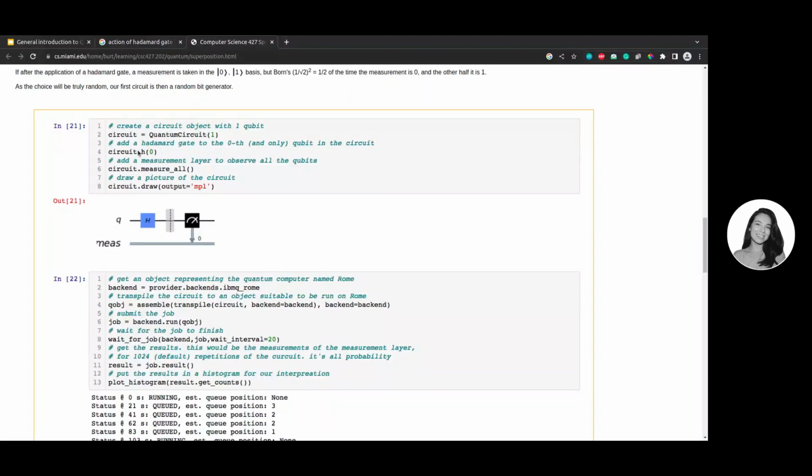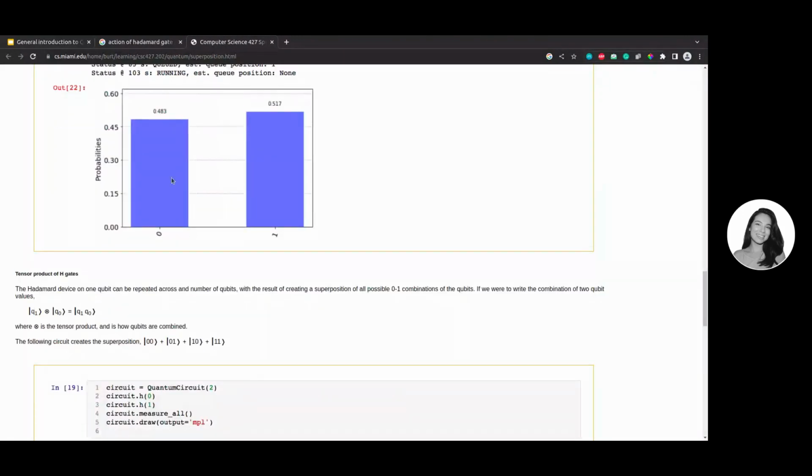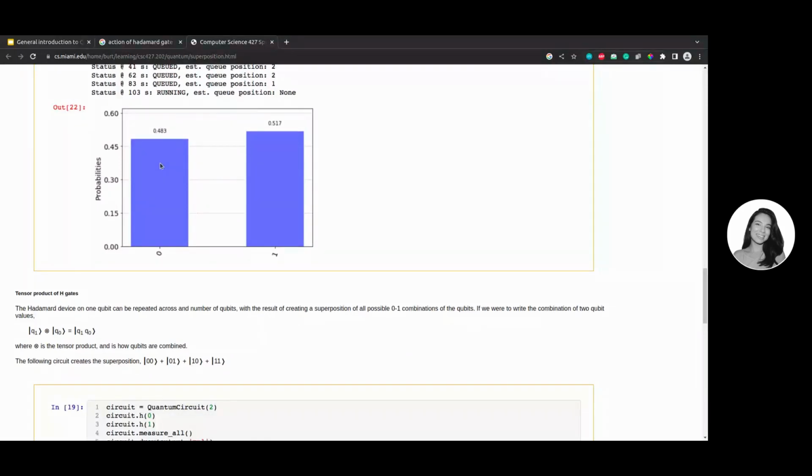The Hadamard gate here is stated as the H symbol. And then they measured this qubit. This is the measurement symbol. So if we go to the result, we can see that 50% of the probability has given us the state 0, and 50% of the probability has given us the state 1.